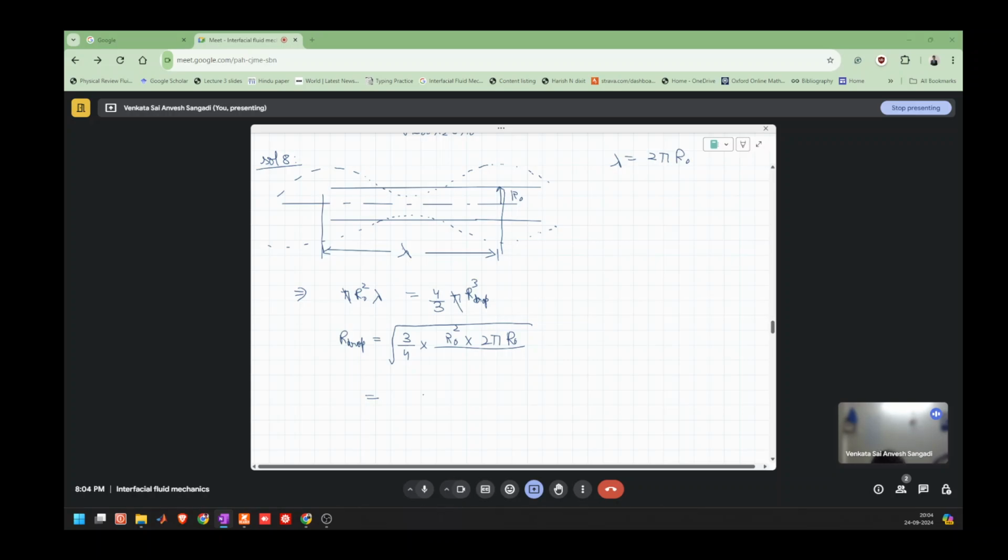This is equal to 3 into 2 into pi into r naught cube, which is 2.5 into 10 to the power minus 5 whole cube, divided by 4, which is equal to 4.19.